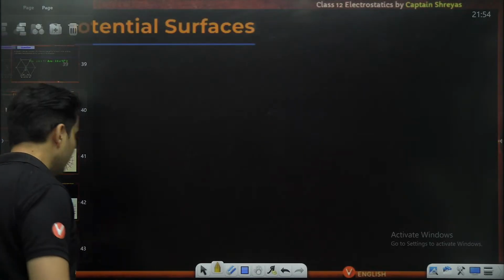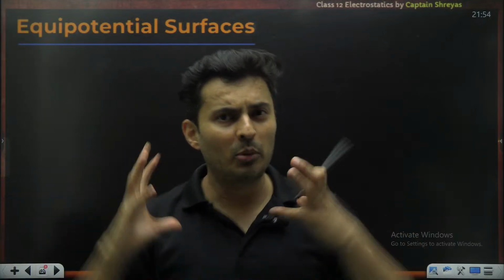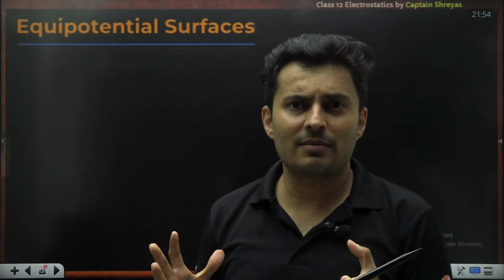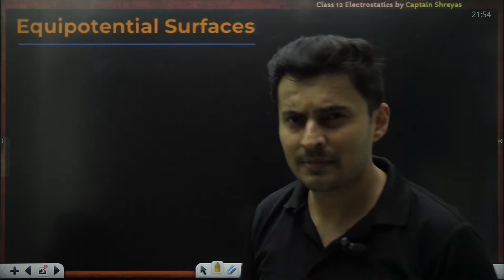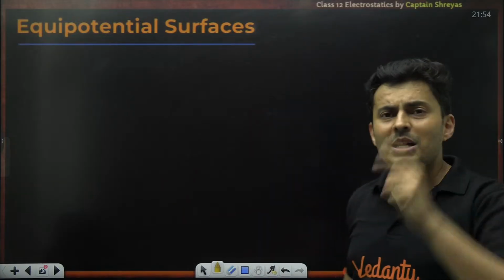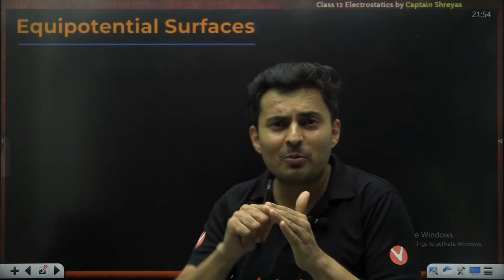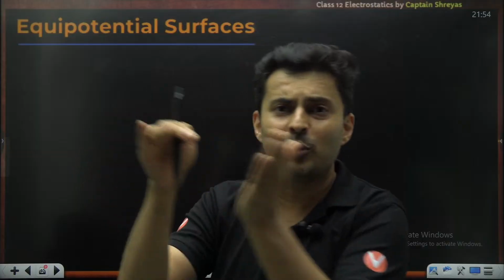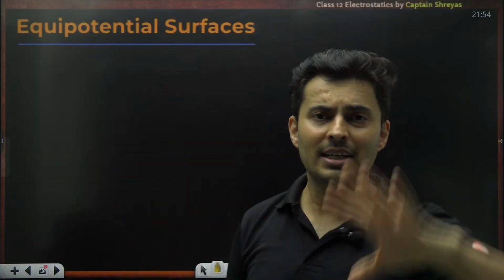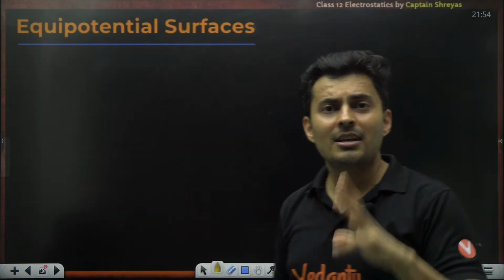Now, let's come to the final concept of potentials, potential surfaces, and how they are related to fields. See, remember, field lines used to point in the direction of where the force is going throughout that space due to a charge.